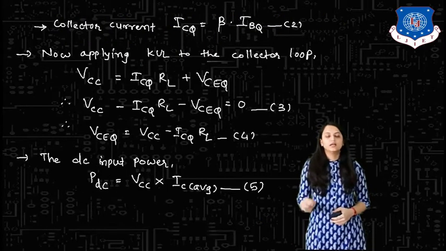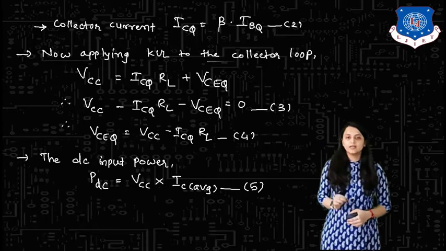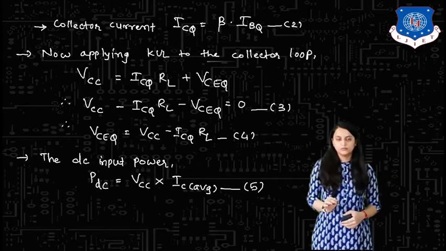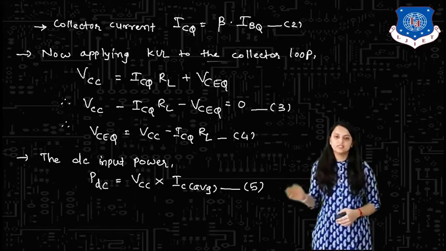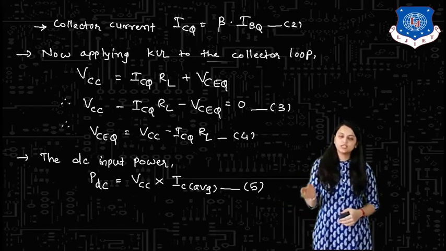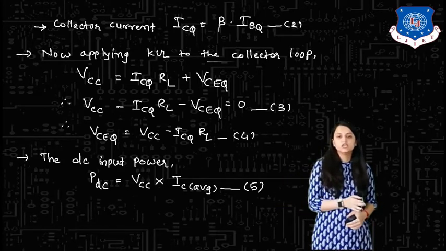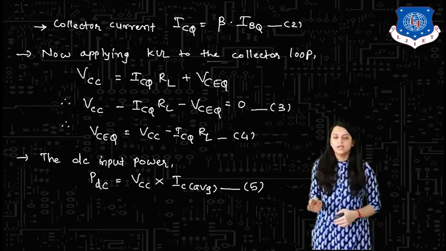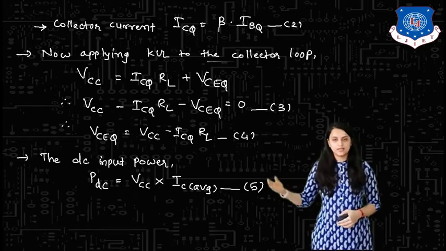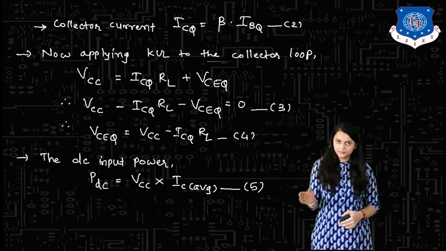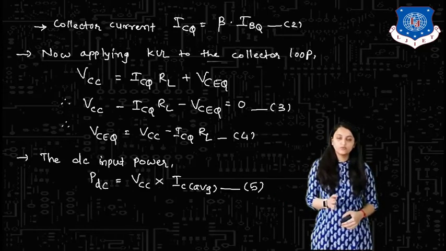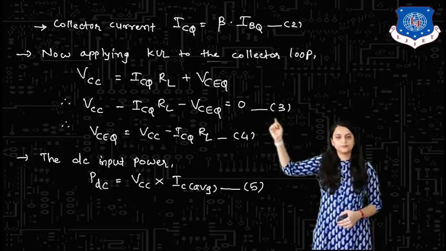Now, the collector current ICQ is given as beta into IBQ. Now, applying the KVL to the collector loop, we have VCC equals ICQ into RL plus VCEQ. If we take that term on the left hand side, we have VCC minus ICQ RL minus VCEQ equals 0, that is equation number 3.